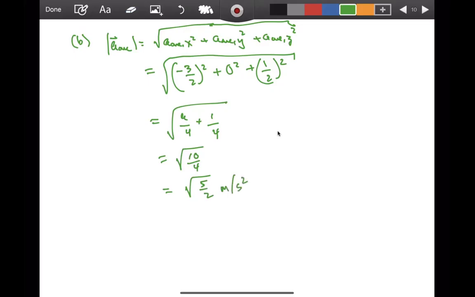Now we want to know the angle. So theta, A average, is then going to be equal to the inverse tangent of. Now, in this case, since it's only acting in the xz plane, since there's no y portion, we can say that our opposite side is equal to the z portion.